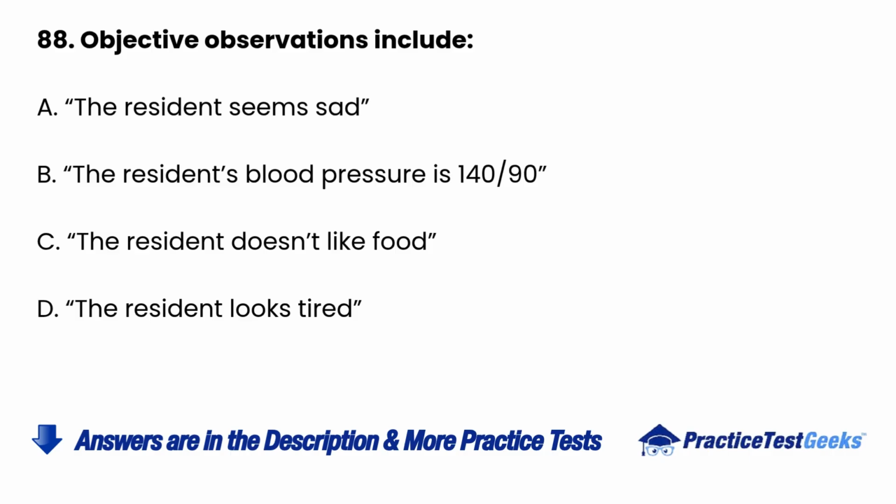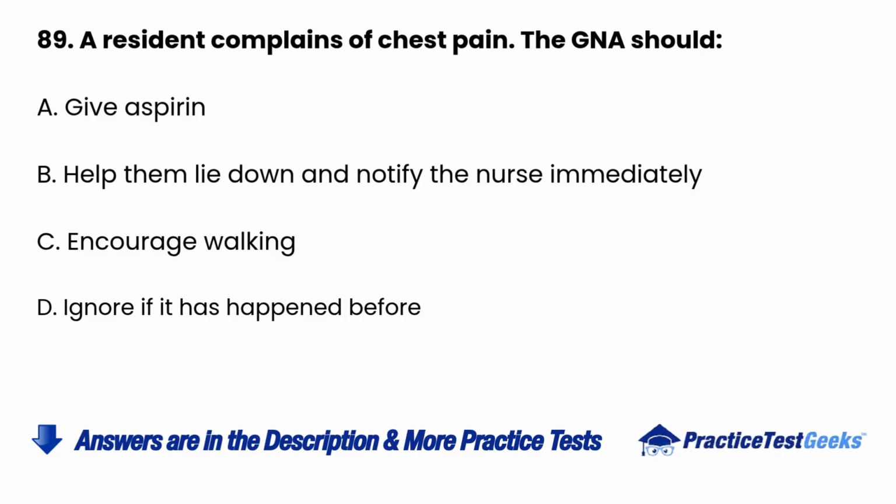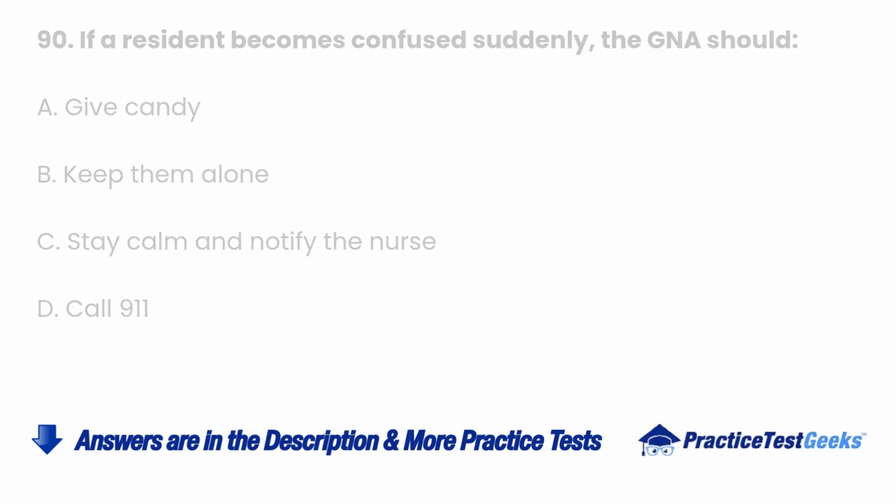C. The resident doesn't like food. D. The resident looks tired. 89. A resident complains of chest pain. The GNA should: A. Give aspirin. B. Help them lie down and notify the nurse immediately. C. Encourage walking. D. Ignore if it has happened before.